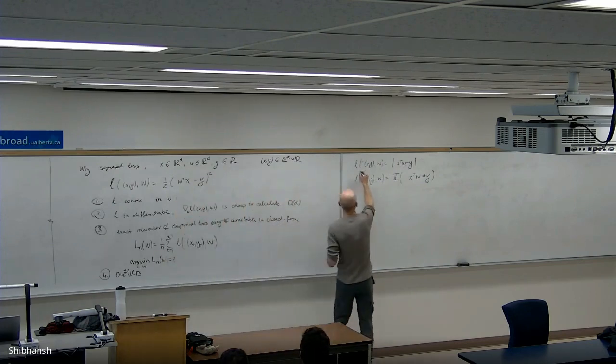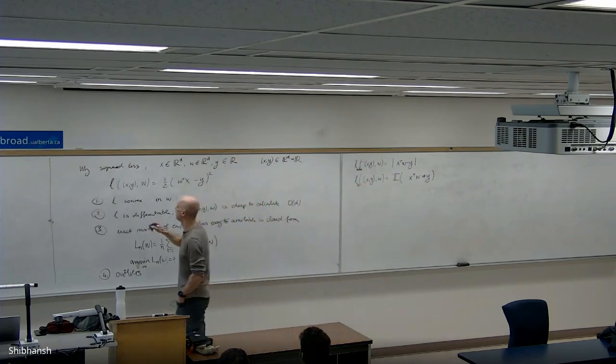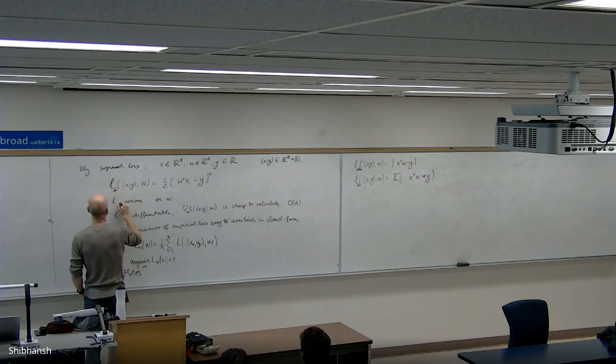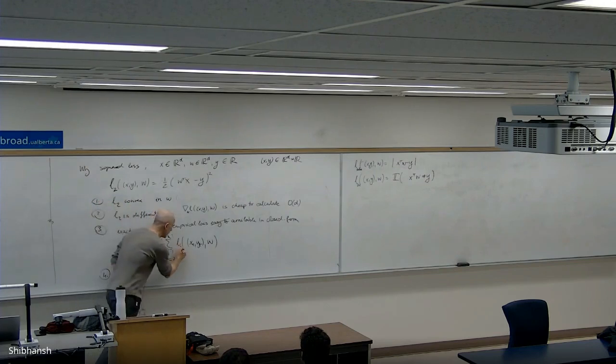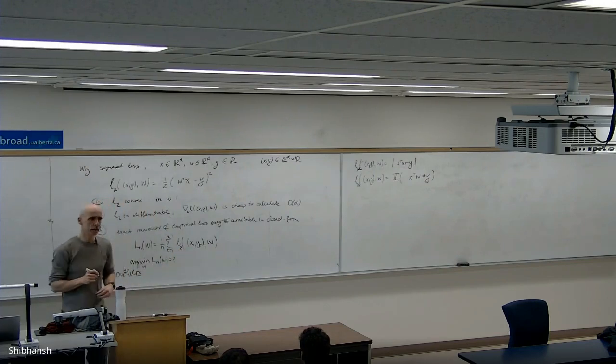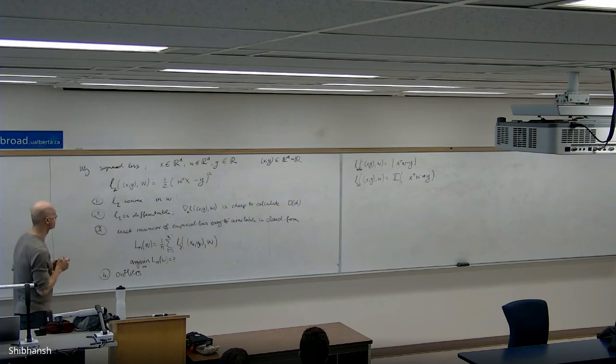So call it L1, call it 0, 1, call this just L2. It's very confusing because R2 is used for other things, but it's fine. You can deal with this ambiguity. All right.